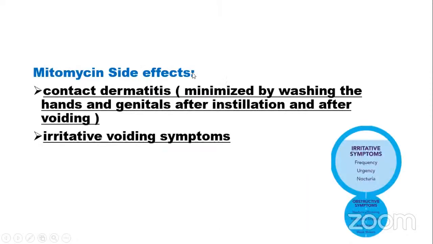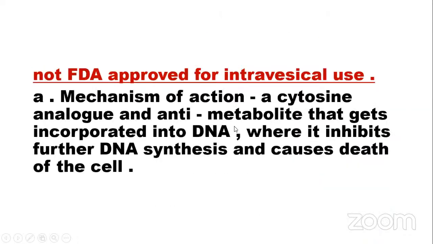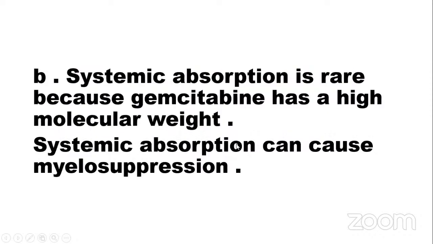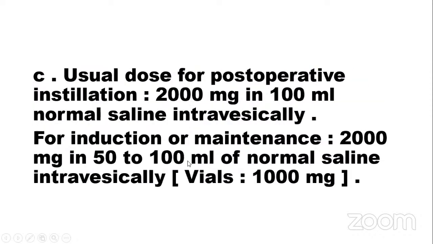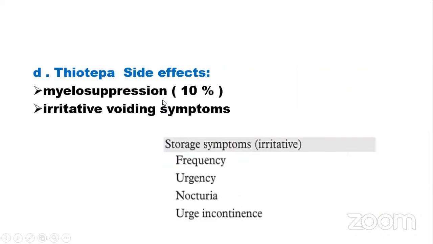We also have myelosuppression with gemcitabine, which has a high molecular weight, and myelosuppression can also occur with mitomycin. The side effects differ among them. Gemcitabine side effects include dysuria, urgency, frequency, and hematuria. So we have some irritative symptoms, but dysuria and hematuria can occur with gemcitabine.